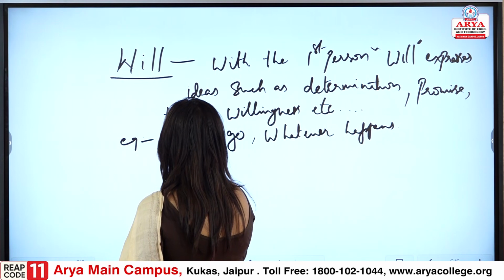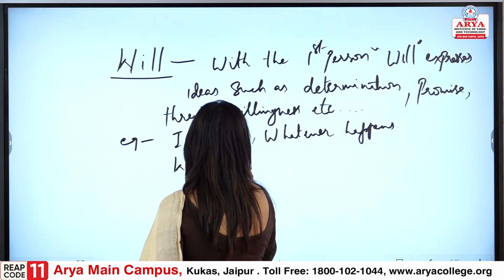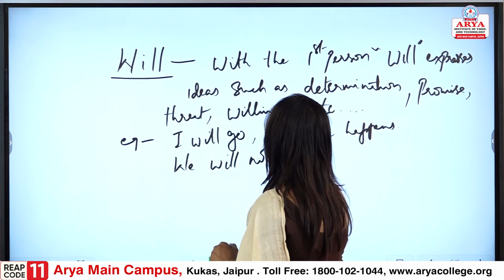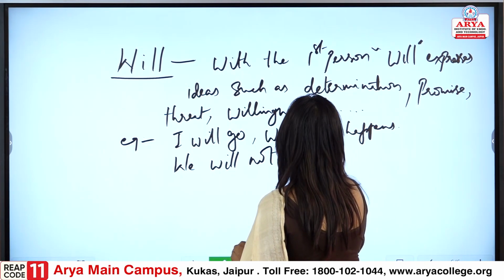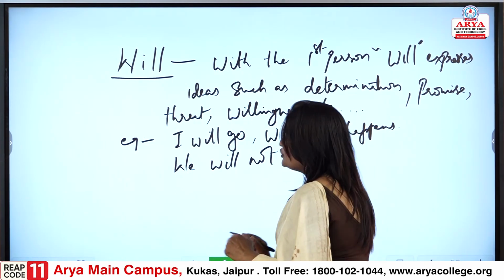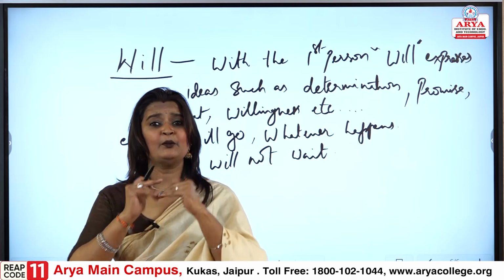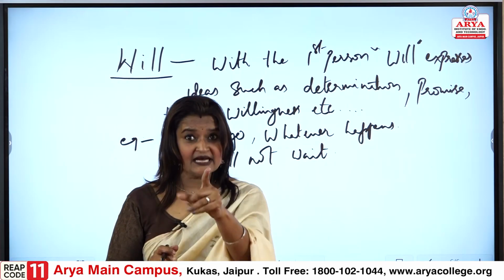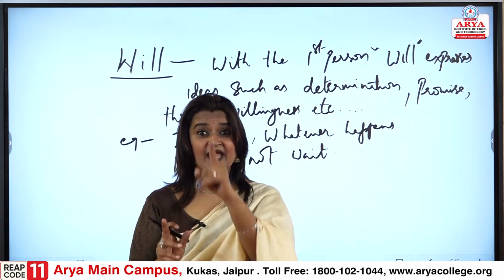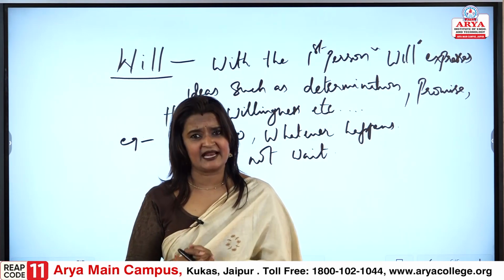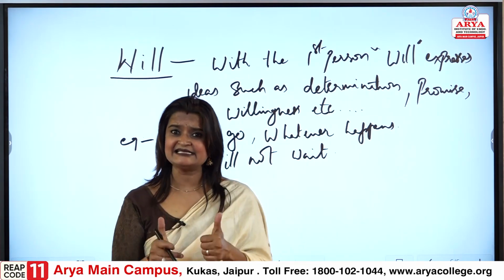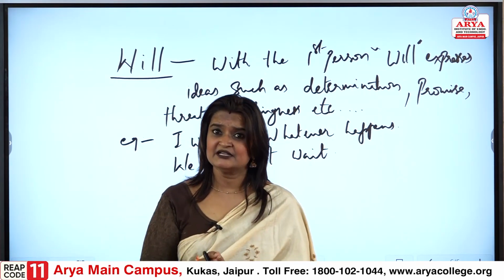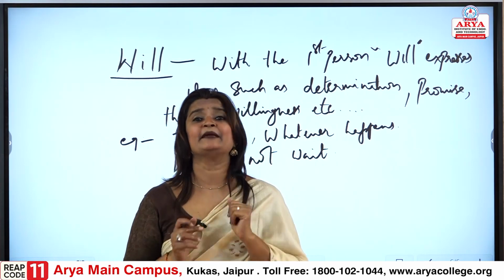"We will not wait." When we say this, we are clearly saying we will not wait. You can call it a threat: we are sure we will not wait. So it is you who has to be on time.